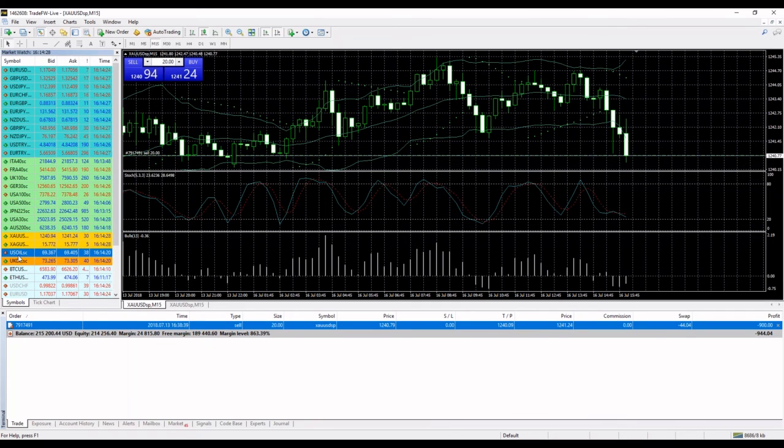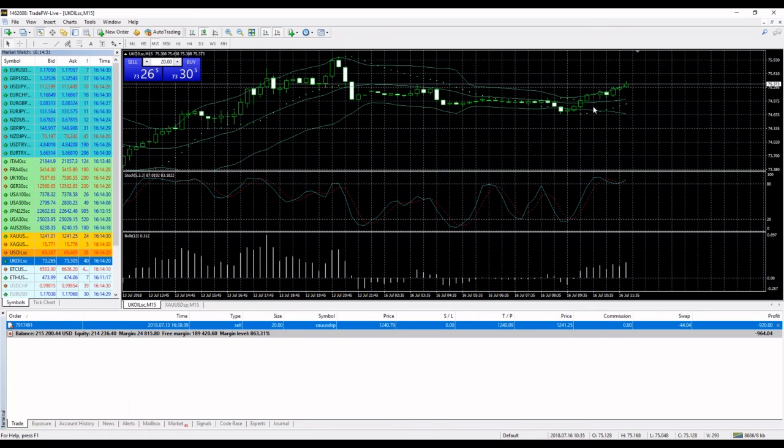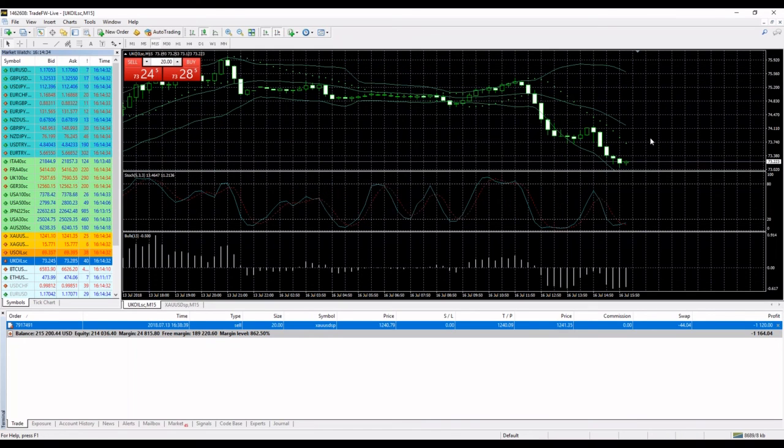Brent oil had a quite interesting down movement today. As you can see, I think it dropped 2%. Yes, this is approximately 2%.